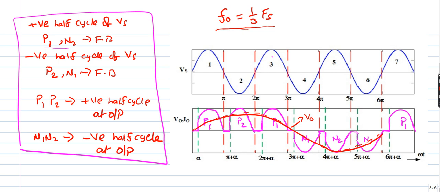If my output frequency requirement is one half of the supply frequency, half cycles 1 and 2 are converted into positive half cycles, and 3 and 4 will be converted into negative half cycles, so that my output frequency will be half of the supply frequency. In this way, by giving suitable triggering pulses to the switches in the cyclo converter, we can obtain those things.